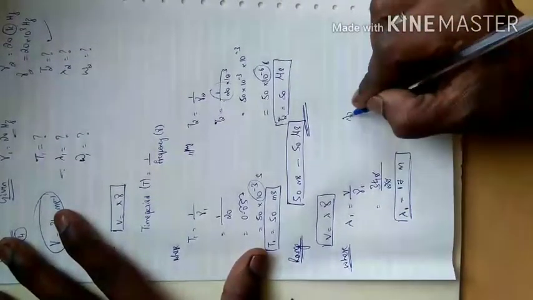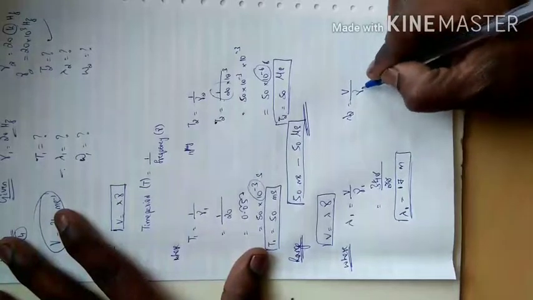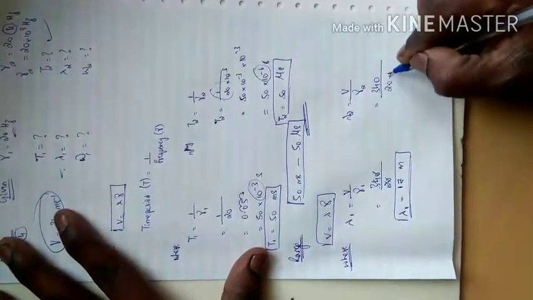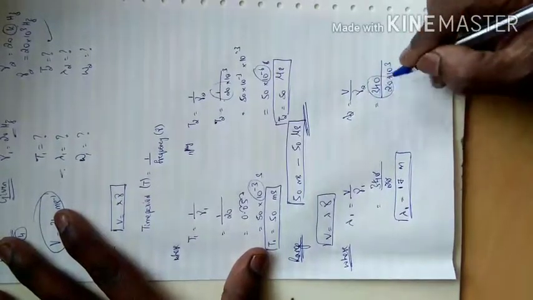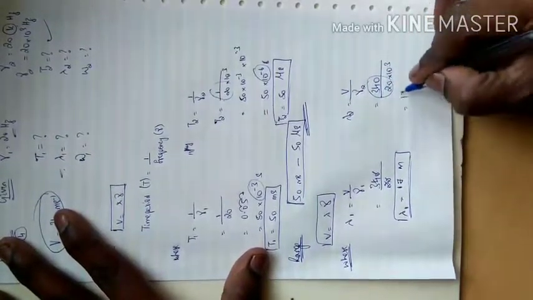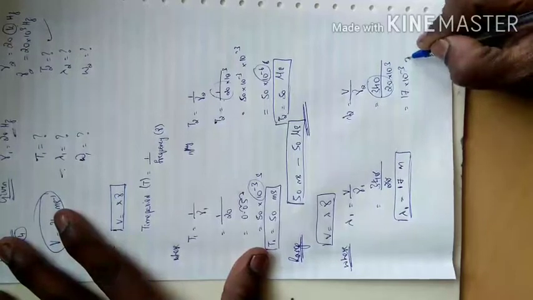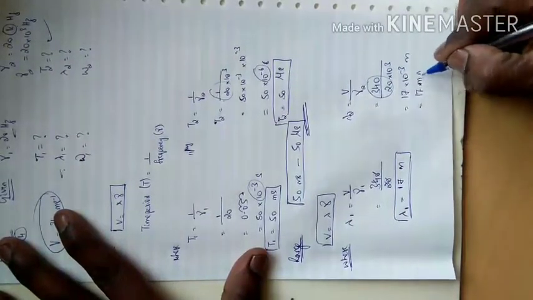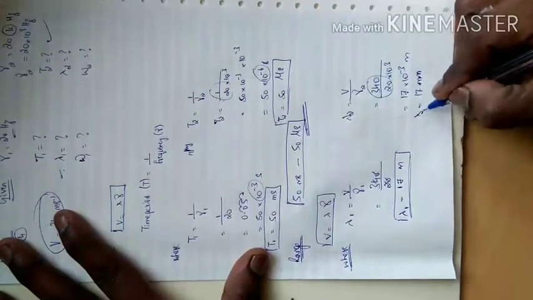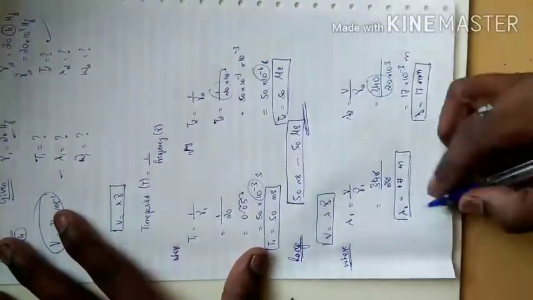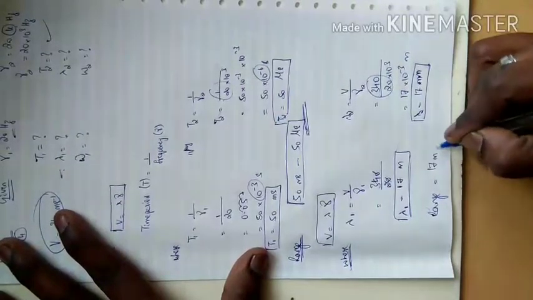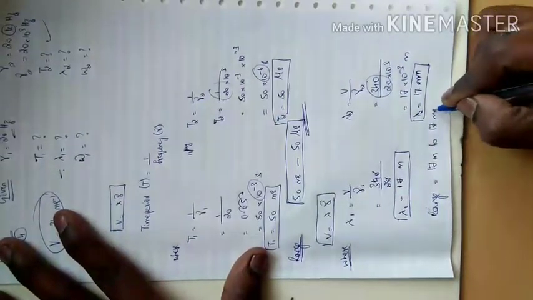Similarly lambda 2 is equal to V by nu 2, that is 340 divided by 20 into 10 to the power of 3. Already I have done this. How much did you get? 17 into 10 to the power of minus 3 meter, that is 17 millimeter. This is your lambda 2. Then the range here is 17 meter to 17 millimeter.